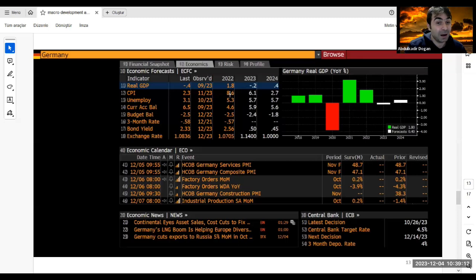And the CPI, as you see here, was around 8.5% the previous year, and today is 6.5%, and next year it will be just half, 2.7%. It is really close to the target band of the Bundesbank. And unemployment will be around 5.7%, stable, good.